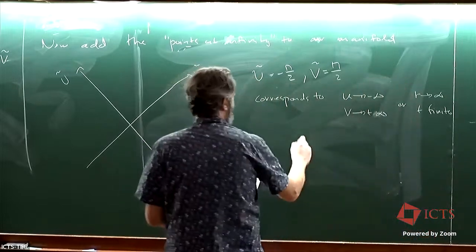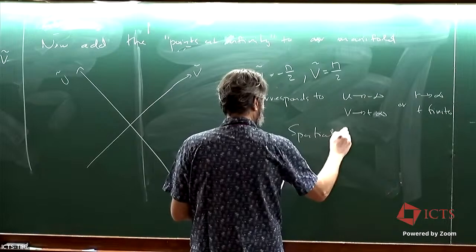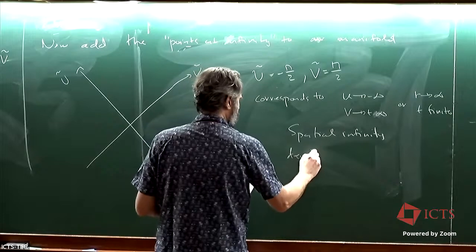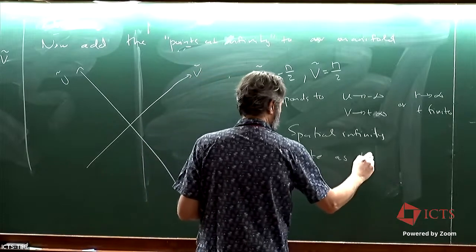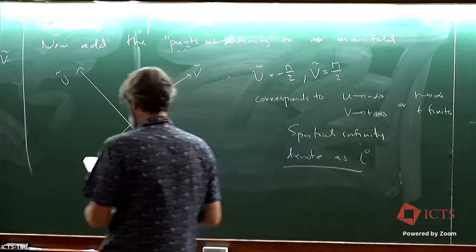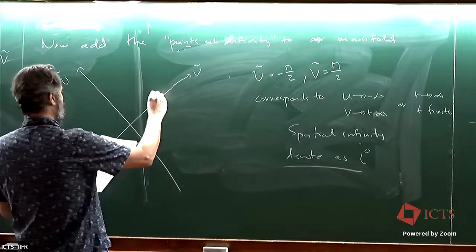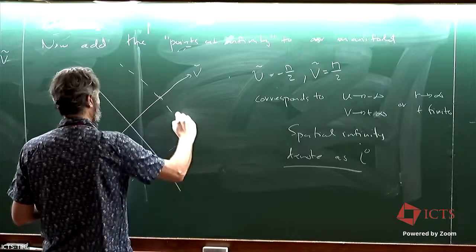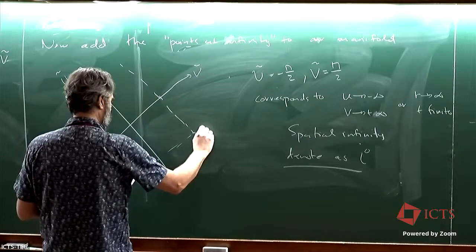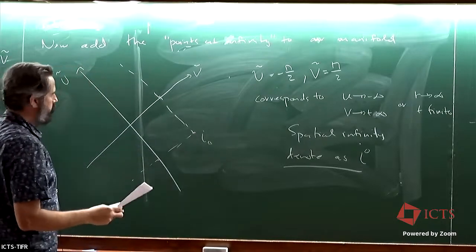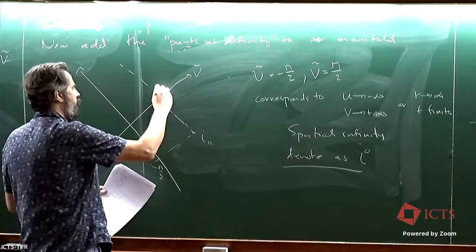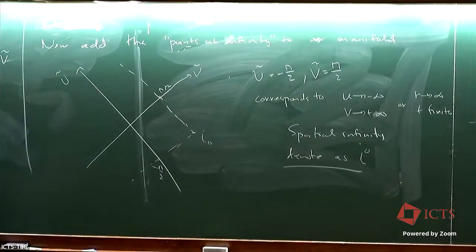So this is spatial infinity. I'll denote it as I naught, and that is going to be, say, here. I naught, okay, where u twiddle is minus pi halves, and v twiddle is pi halves, okay?